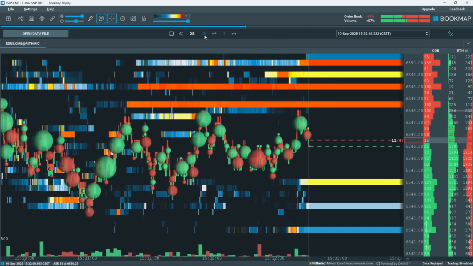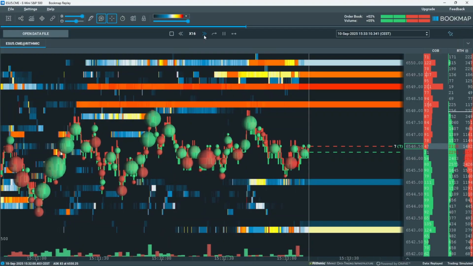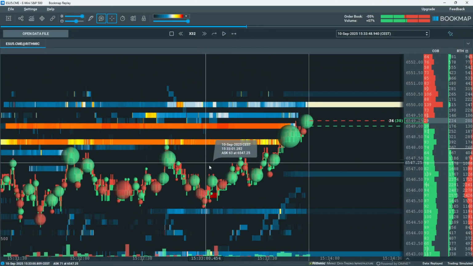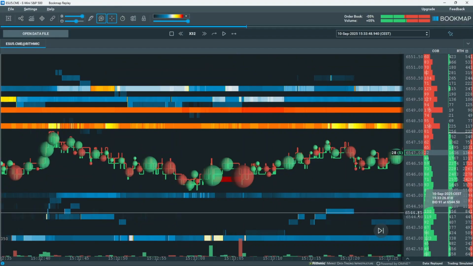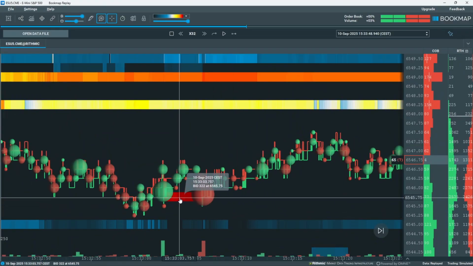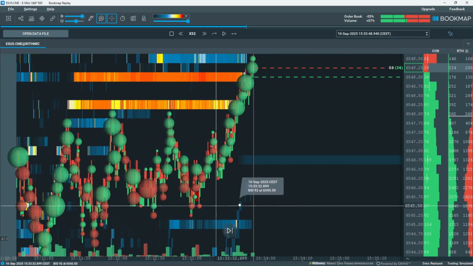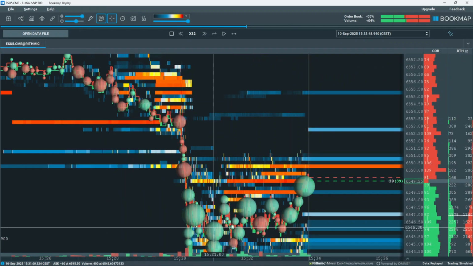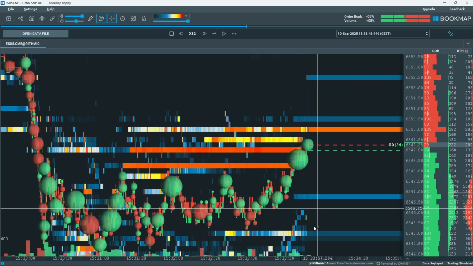Let me speed this up a little bit more. More bids. Another bid appeared over here. One of 322 again. And then price started rallying very aggressively, and by this time I was up 3 points.